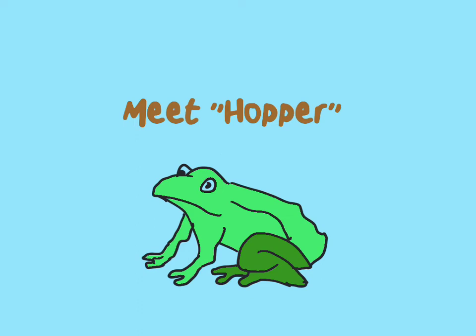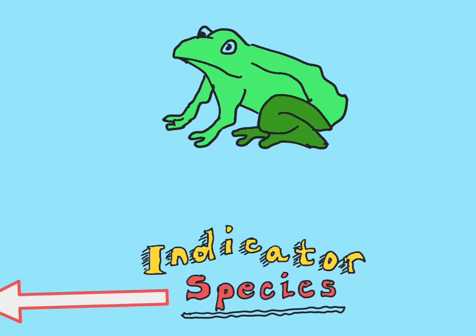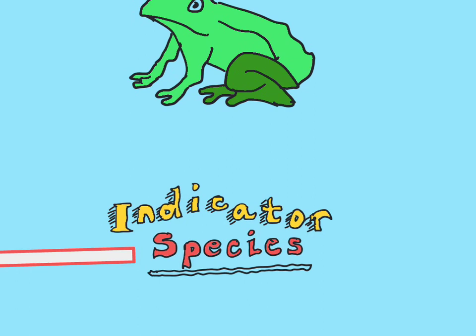Now, frogs are very important in ecosystems. They are what is referred to as indicator species. An indicator species, as defined by the Encyclopedia Britannica, is an organism whose presence, absence, or abundance reflects an environmental condition. So what does that mean?